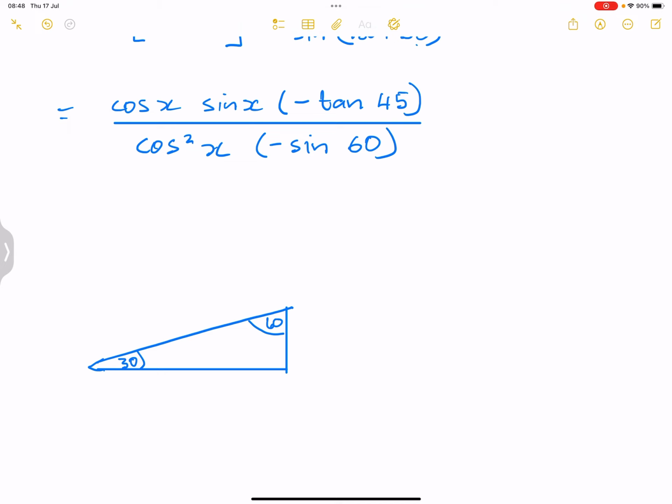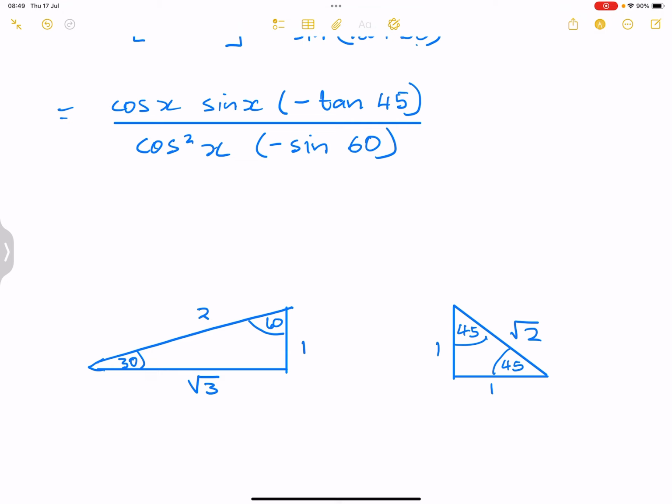What I always do, that's 1, 2, and square root of 3, okay? Right, so that's the first one. And the other triangle is the isosceles triangle for 45 degrees. So that's 45, that's 45, and this is simply going to be 1, 1, and square root of 2.